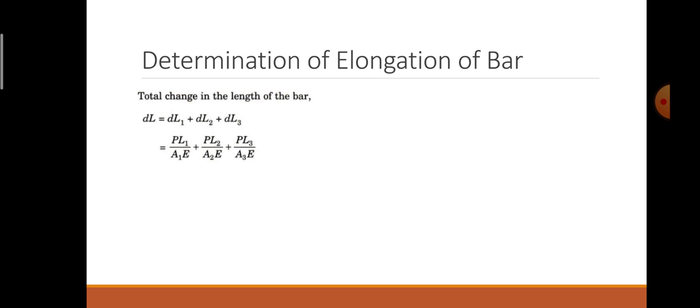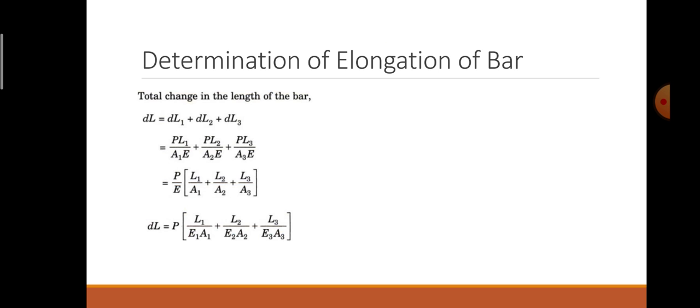Substituting, we get PL1 by A1E plus PL2 by A2E plus PL3 by A3E. Here P by E is constant throughout, so we can take it outside the bracket: P by E times L1 by A1 plus L2 by A2 plus L3 by A3. This is the standard formula for finding the elongation of a bar of varying cross section.